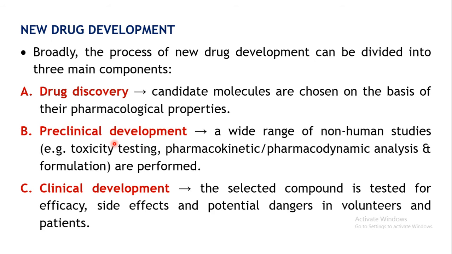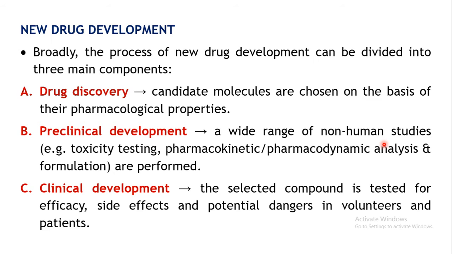The next step is the preclinical development. Preclinical development involves the non-human studies which are done. Before anything could be introduced to human beings, you just can't take any chemical which you are not sure that it may treat a particular condition, or it is not tested for being safe.